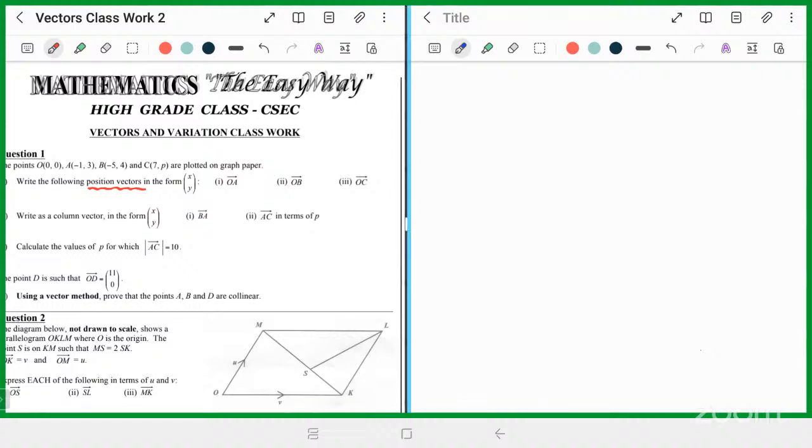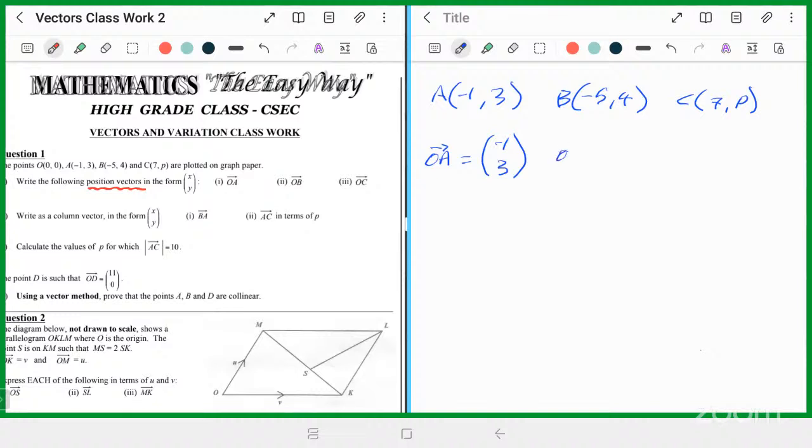All right, so A is the point -1, 3. B is the point -5, 4. And C is the point 7, P. And if this is the point A, that means that the vector OA will have the same values, -1, 3, no calculation needed.